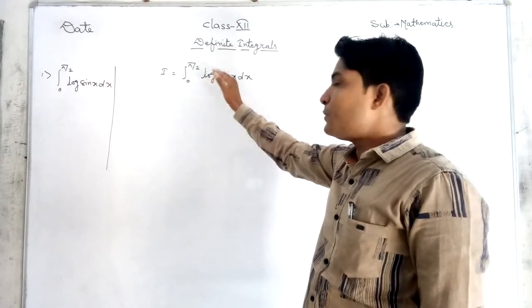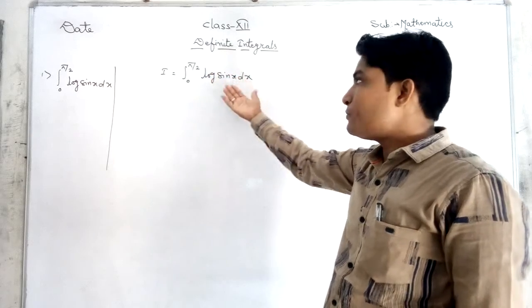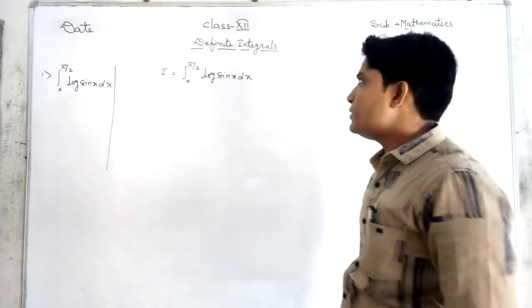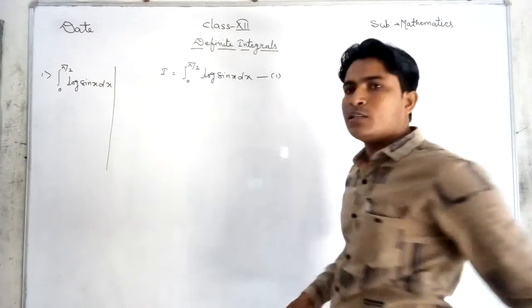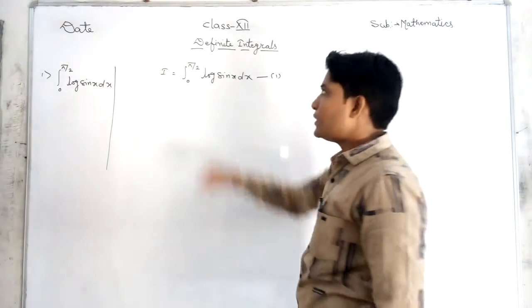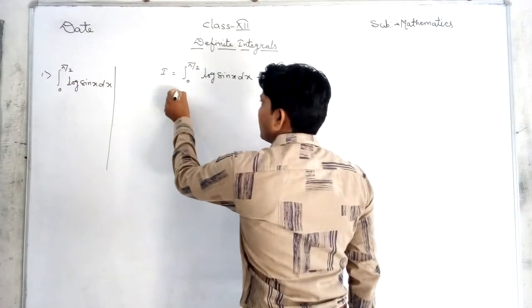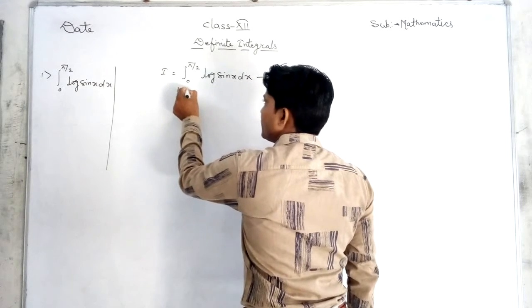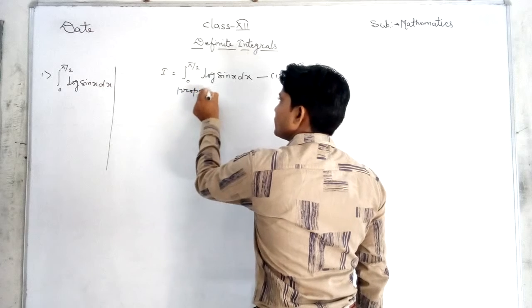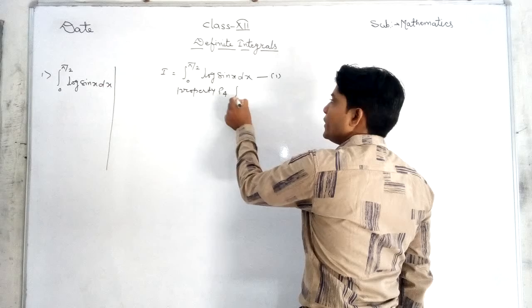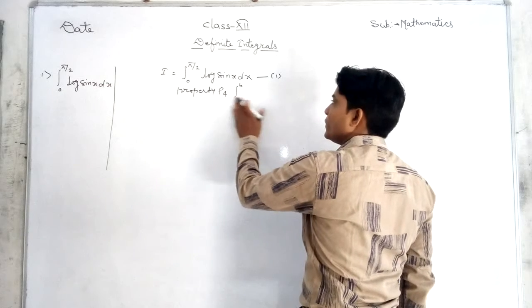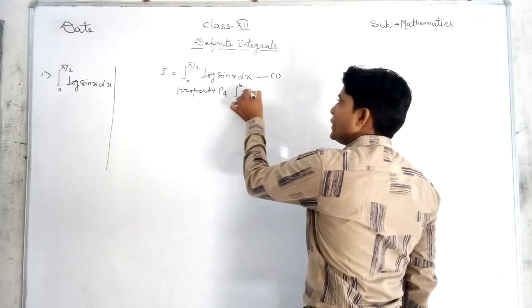Suppose this question is equation number first. Then what is our next property? According to property P4, the integral from 0 to a of f(x) dx is equal to the integral from 0 to a of f(a minus x) dx.